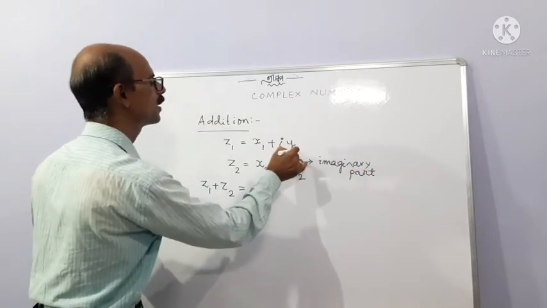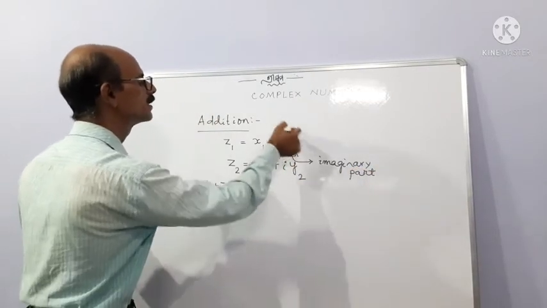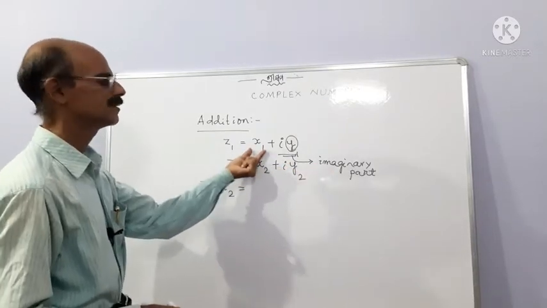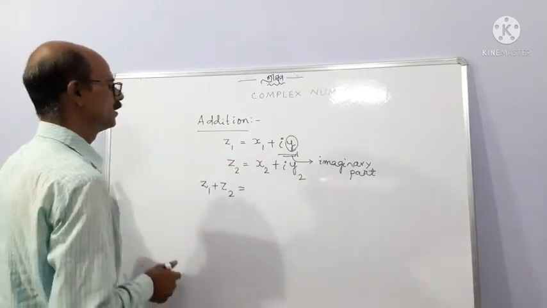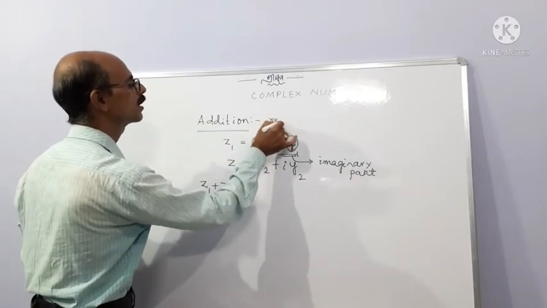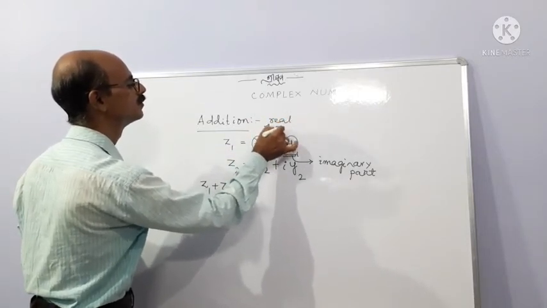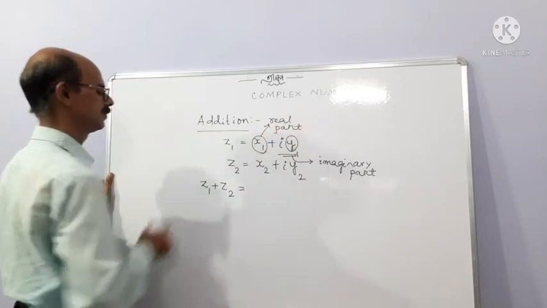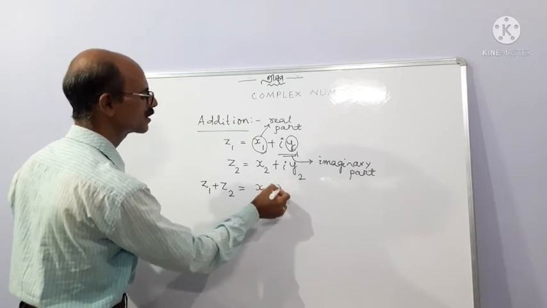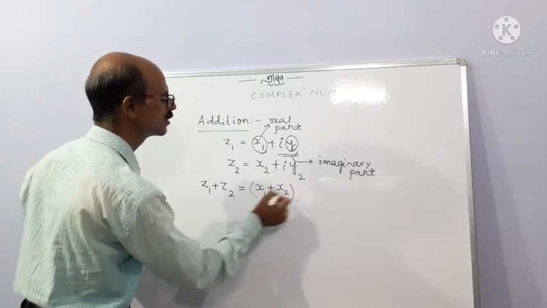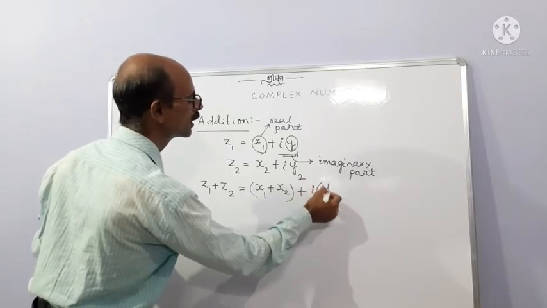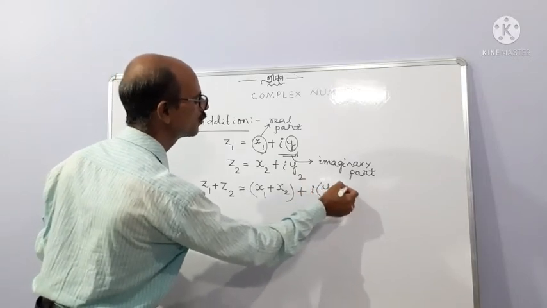This y is real, but this whole thing when combined is called the imaginary part, and this is the real part. If we add them, we will obtain x1 plus x2 plus i, take i common, into y1 plus y2.